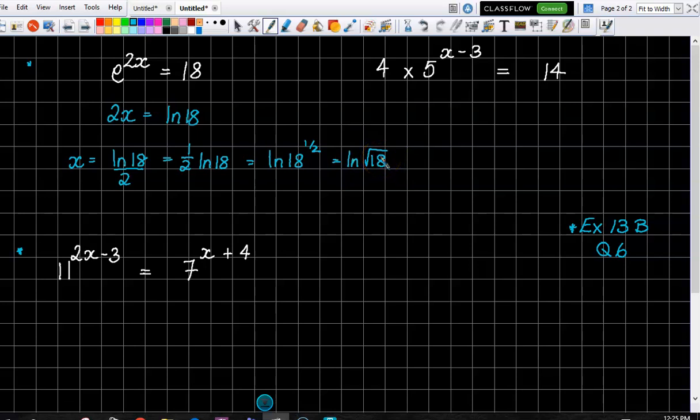But what you should never do is write this as ln 9. You cannot say it's 18 divided by 2, because that doesn't have the ln there. So I'm going to put a big is not equal to ln 9.